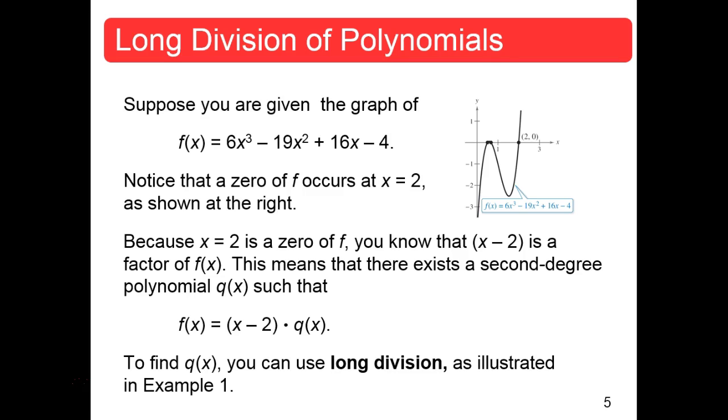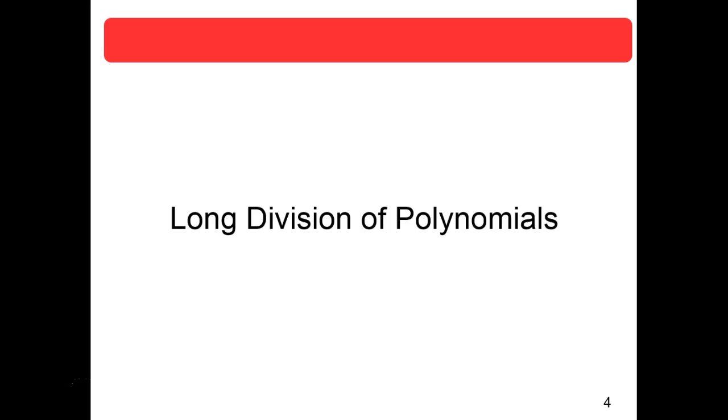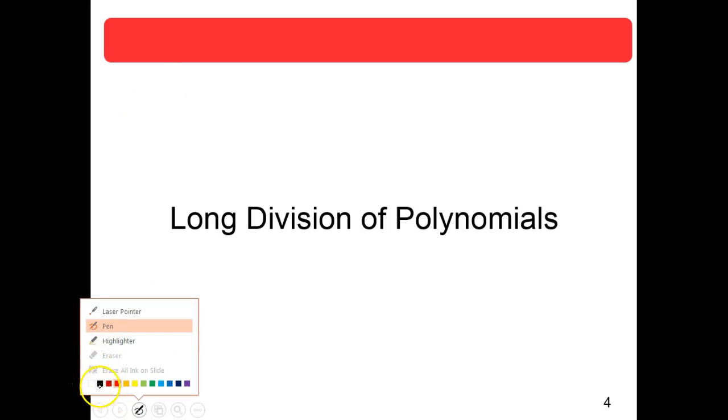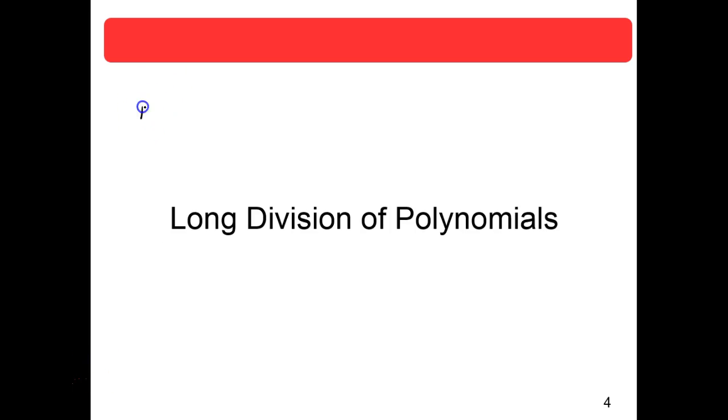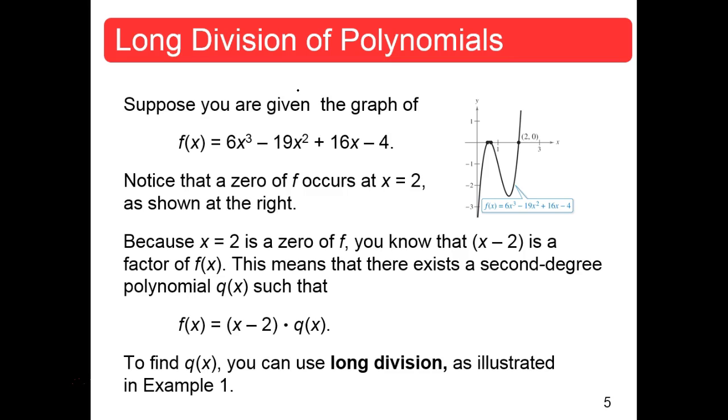Before we do this, let's go back and review long division. I know y'all are really good at it, but let's review it. Let's say we have 12 into 619164.